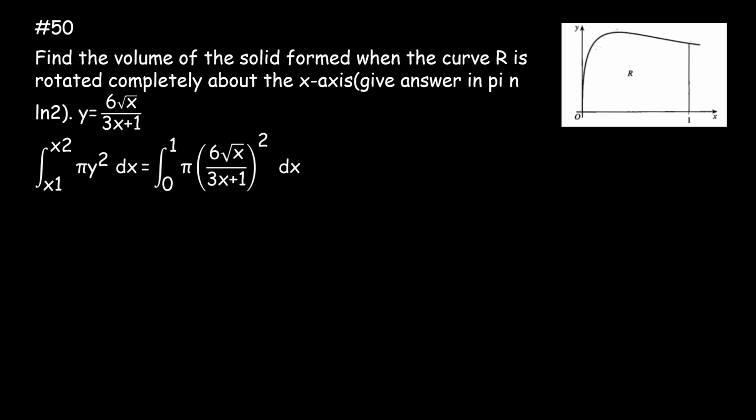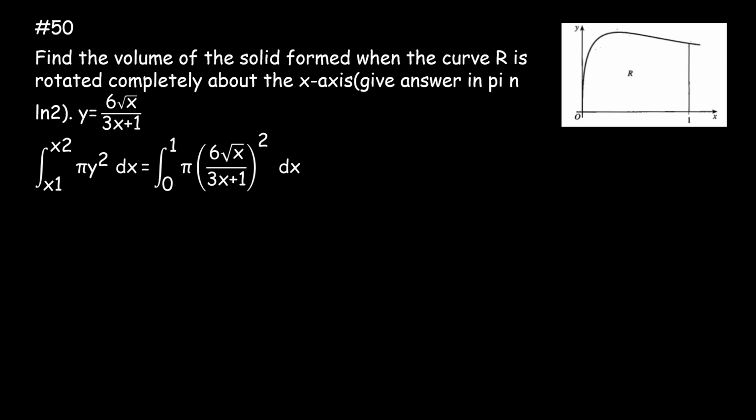So for us to find the volume of a solid of revolution, remember you need to do the integral from x1 to x2 of pi y squared with respect to x. So in this case, we would have the integral from 0 to 1 of pi y squared, which will be 6 root x over 3x plus 1, all that squared.